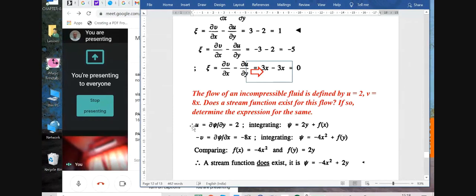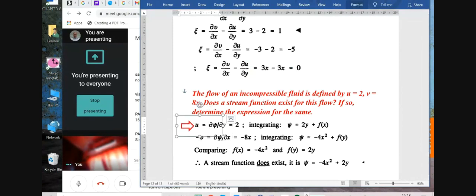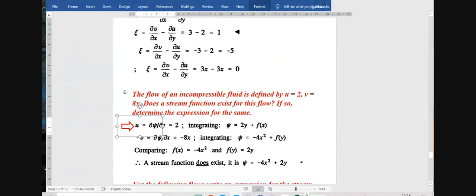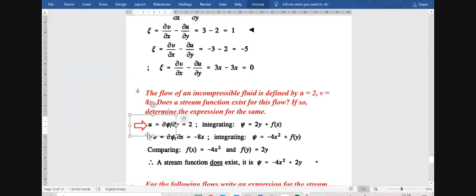So now use the definition for U: U is equal to dou psi by dou y. And the definition for V, in terms of the stream function, is minus dou psi by dou x. So you take this expression and integrate it.